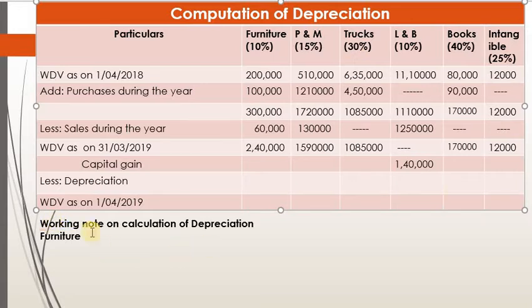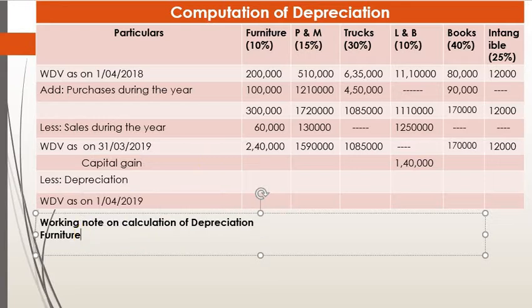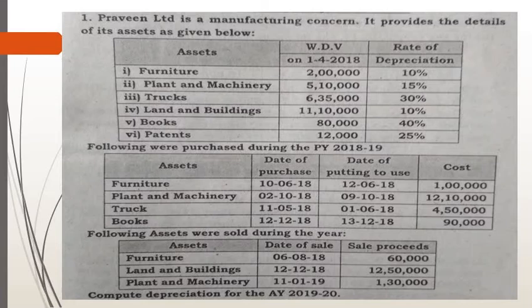Okay, now let's calculate the depreciation on these assets. Let's write a working note here on calculation of depreciation. First we will calculate for furniture. Before calculation we have to see whether there are any additions during the year on which 50% of the rate of depreciation is chargeable. So there is an addition during the year. The date on which it is acquired is given in the problem. Furniture was purchased on 10/6/2018 and the date of putting it to use is 12/6/2018.